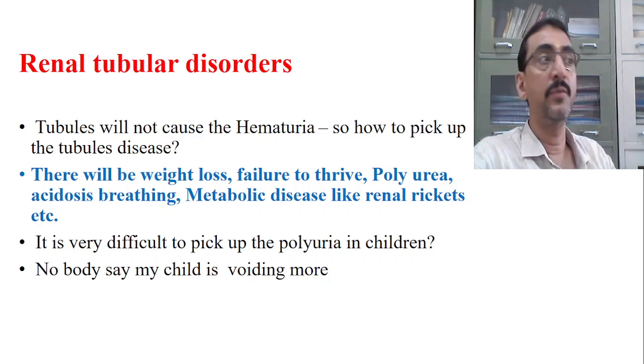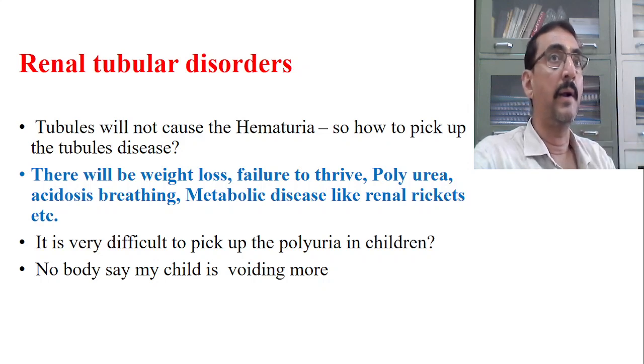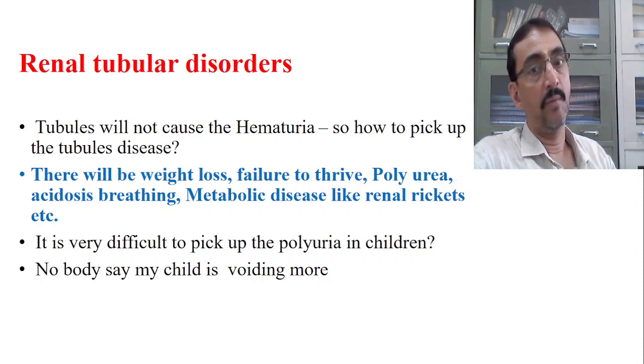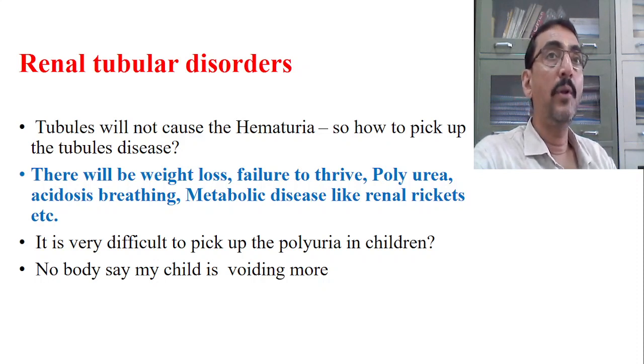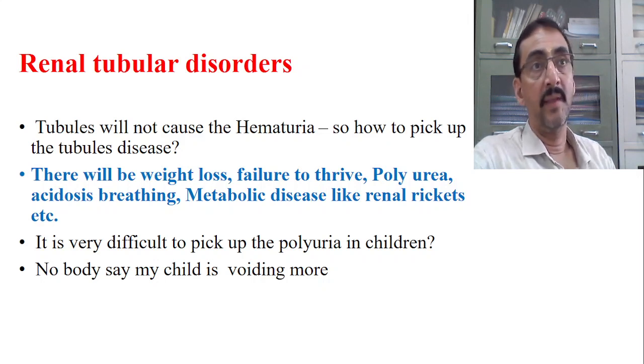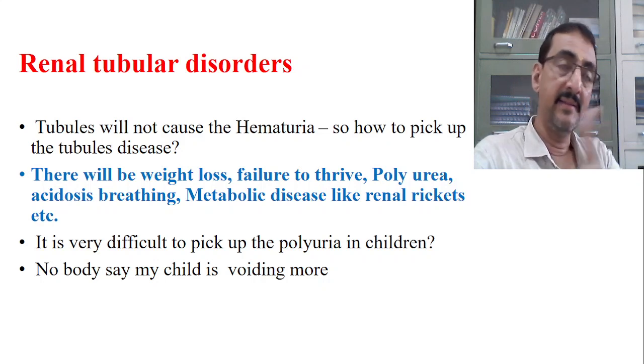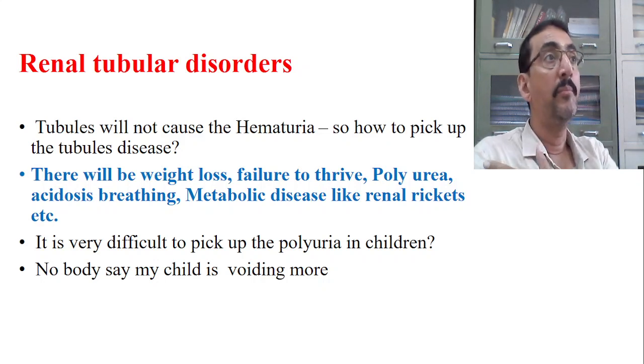Without investigation, if you want a clue, then look into this important part. If a renal tubular disorder is there, there will be weight loss, failure to thrive, polyuria, metabolic derangements, metabolic acidosis or acidotic breathing, or renal rickets and its related symptoms. So many things will be there, and you need to identify them.